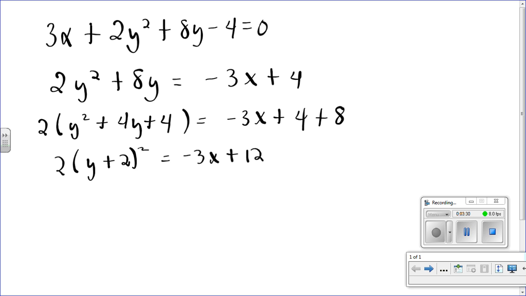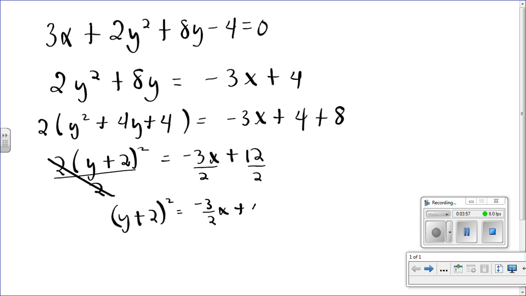Alright, so we're starting to look like this. We're not there yet, because is there anything outside this y minus k squared? No. I'm going to divide everything by 2. Alright, we're a little bit closer.